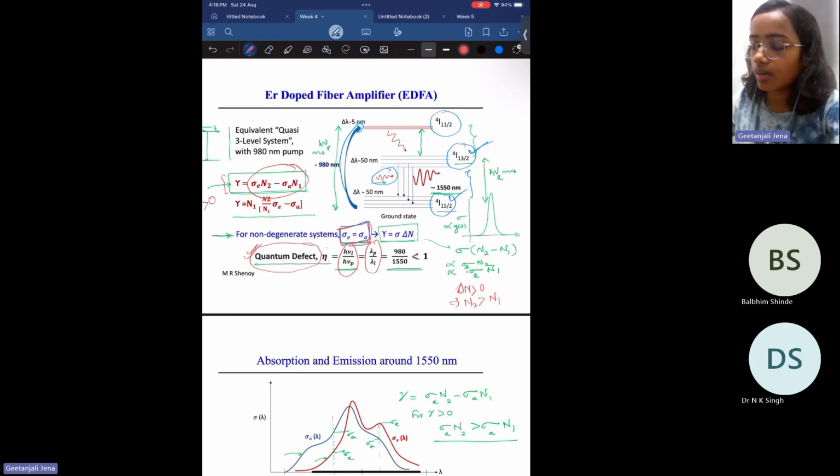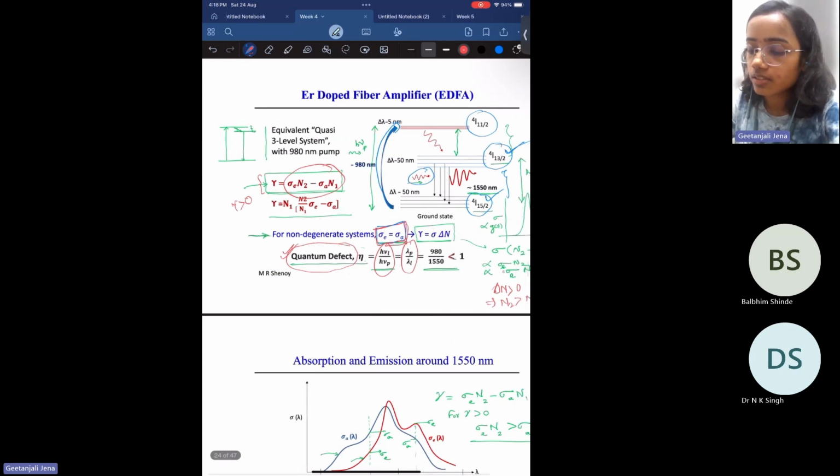So for a better amplifier, the quantum defect must be closer to 1. If it is closer to 1, that means less energy is radiated in the form of heat. In a 3-level system, we use a pump to excite the ions to the higher excited state, and from that state, it relaxes through a non-radiative transition.